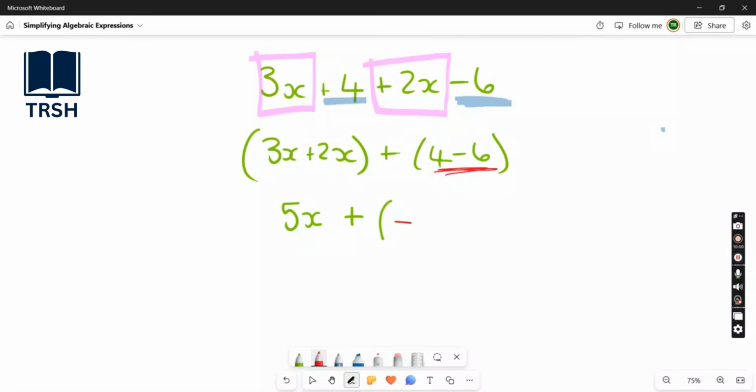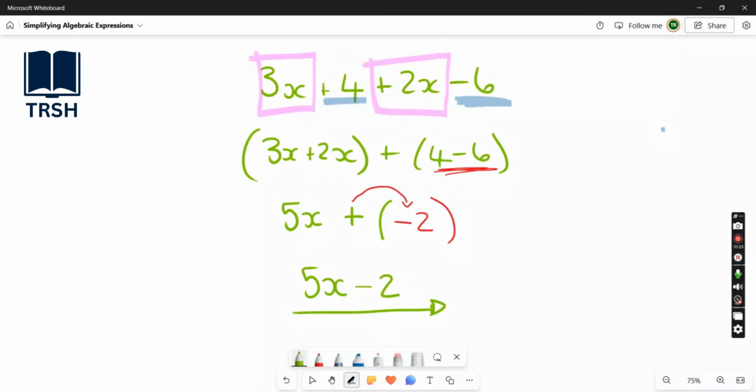We put our -2 over there. Now, we can already see that we can't leave our answer like this. What we have to do is multiply this positive inside so that it can change, because the positive times the negative will give us a negative. So our answer will essentially be 5x minus 2, and that is our answer.